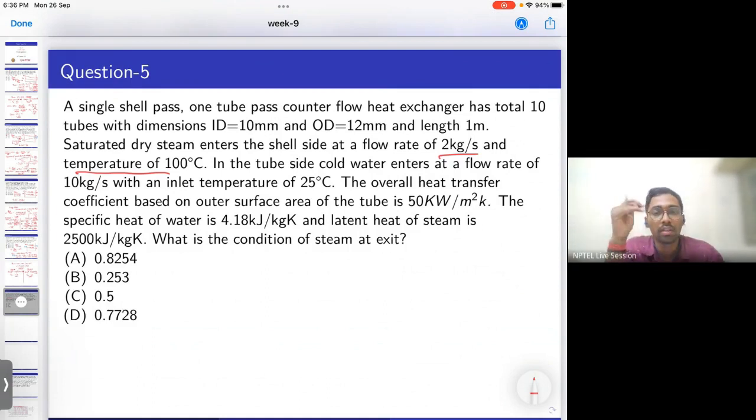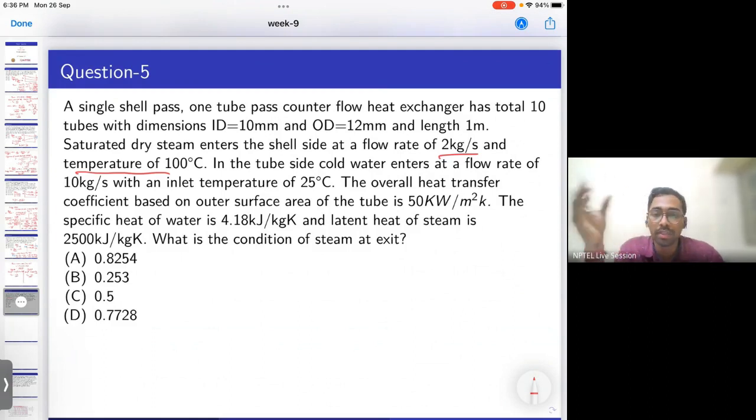So in this question, it's a condenser, which means dry saturated steam is coming in. It's a phase change, so the temperature is constant because condensation is happening for the steam. So dry saturated steam is entering at 100 degrees Celsius, 2 kg per second.